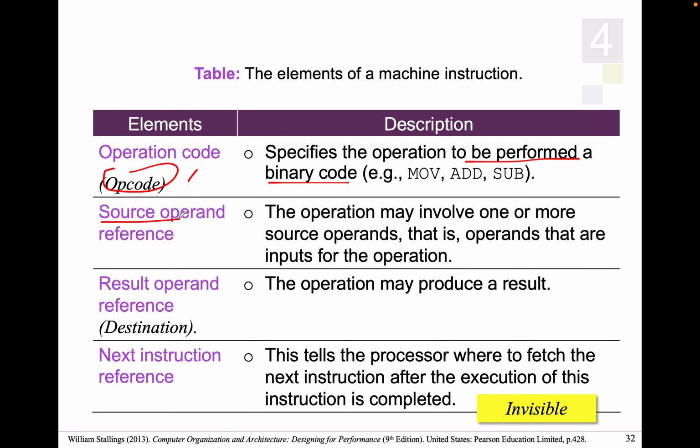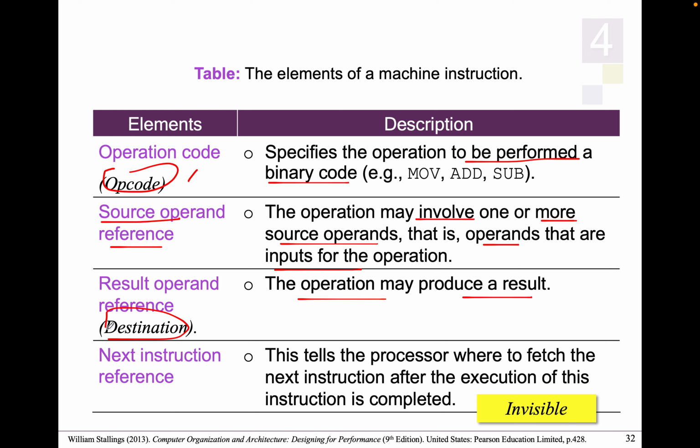And your source operand reference. The operation may involve one or more source operands, that is, operands that are input for the operation. Result operand reference. The operation may produce a result, which is the destination.